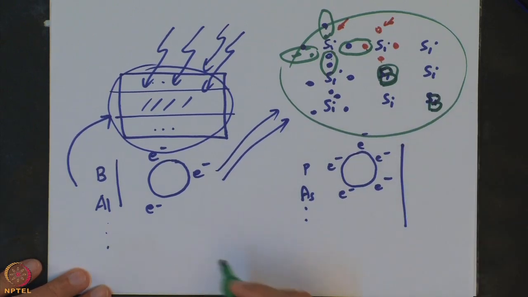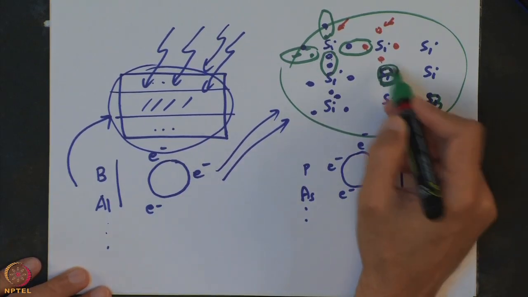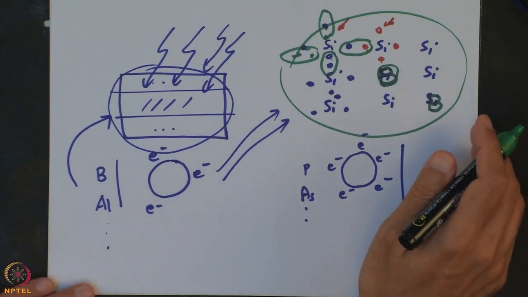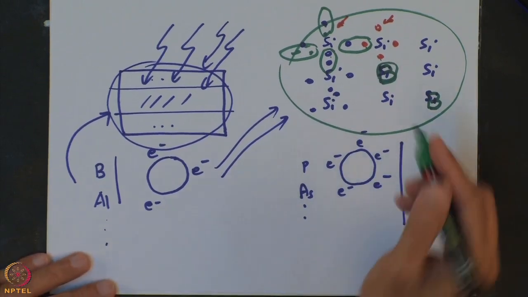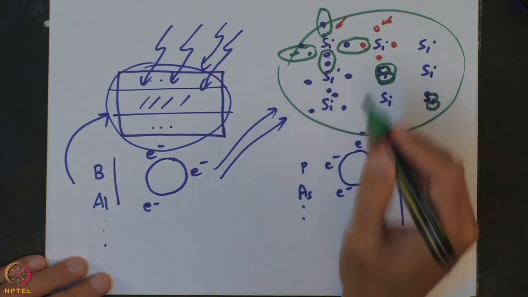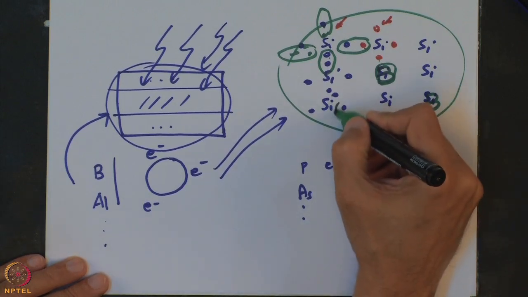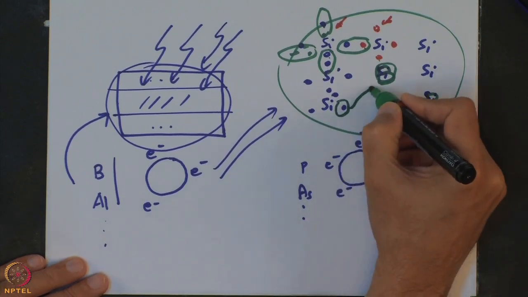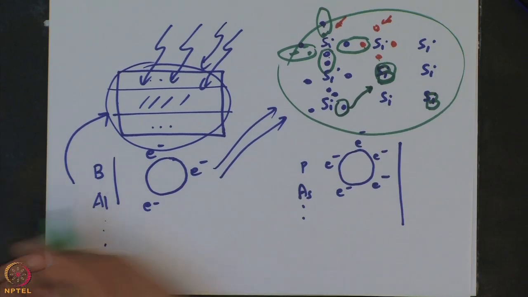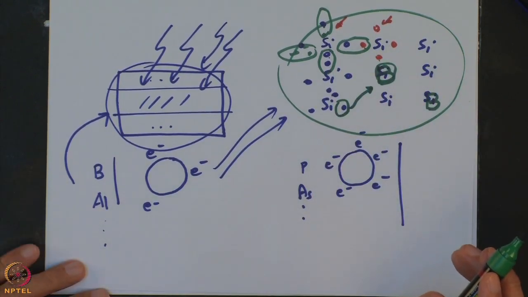Okay. Now, what will happen is that when the B comes here, because it is one electron short, it has 3 electrons in its outer orbit, it has an affinity to have another electron. So, basically it will pull out one electron from some atom in its vicinity.